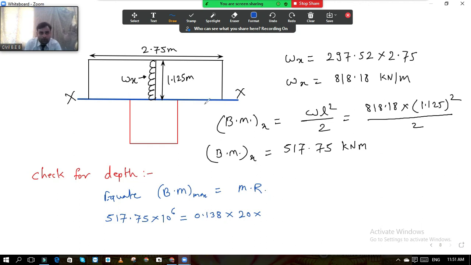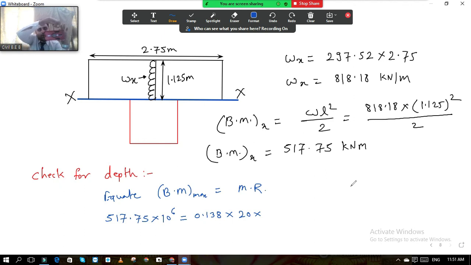If you take the bending moment in x direction, the horizontal dimension becomes your length. The x direction becomes your length and the y direction becomes your width. Are you getting my point? See, this is your footing.